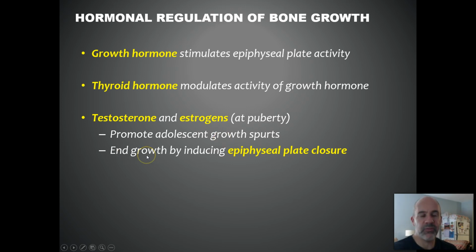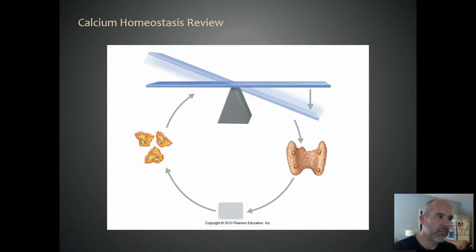But then later, interestingly enough, they trigger the epiphyseal plates to close. And keep in mind, a key reason why on average females are shorter than males is because their epiphyseal plates close earlier, and that's because estrogen stimulates them to close sooner than testosterone does.